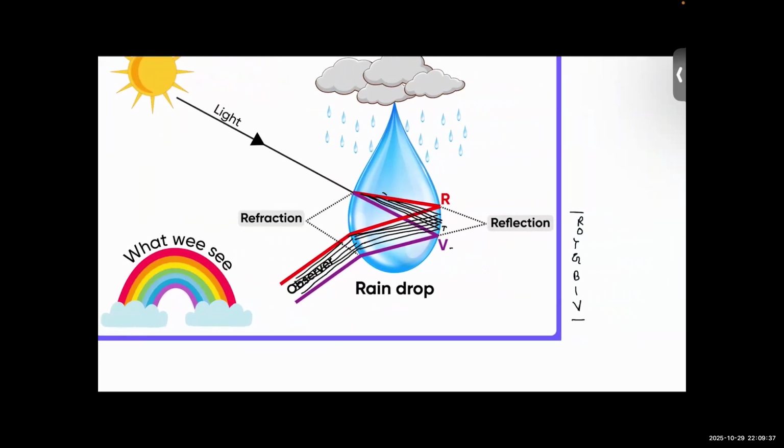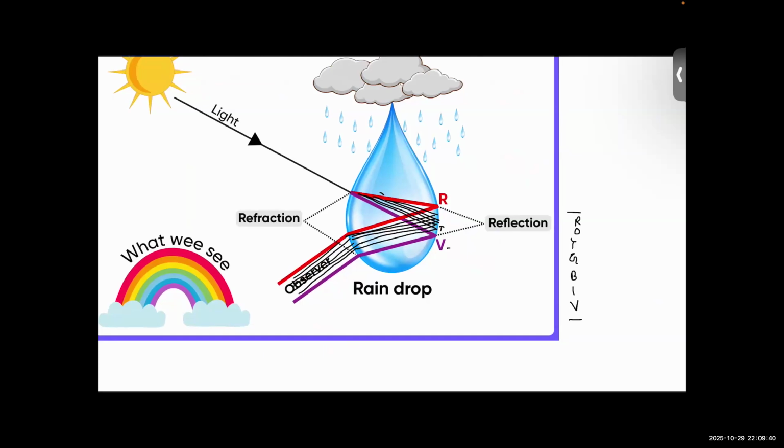Okay, and I know that you guys might be finding it a bit new topic, a bit difficult, I think. See, basically, these raindrops, what are they acting like? Acting like tiny prisms. They're acting as tiny glass prisms. First, what happens?